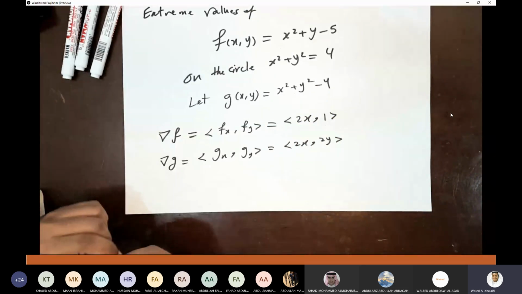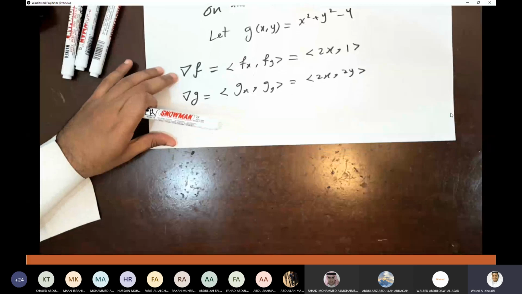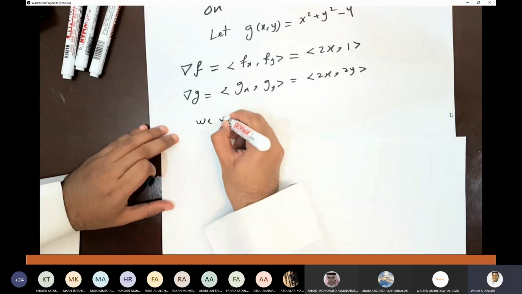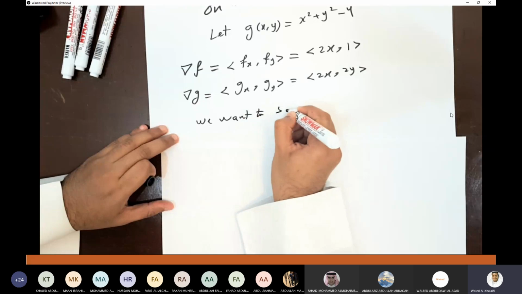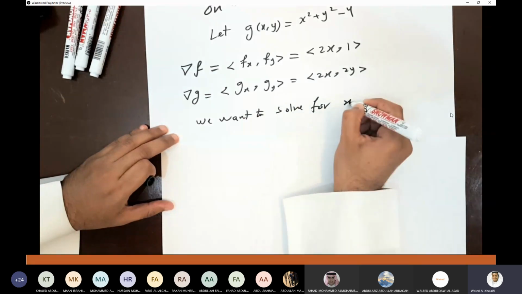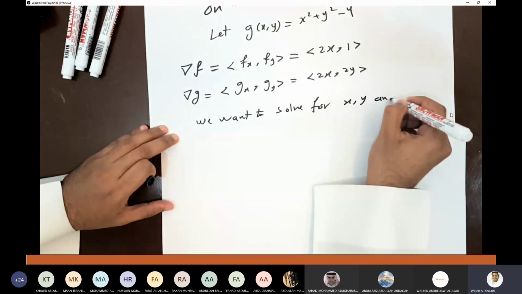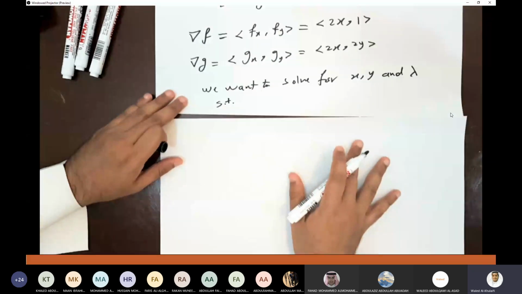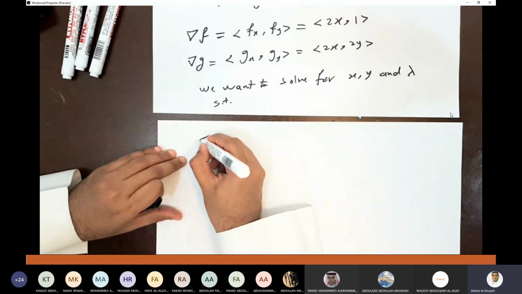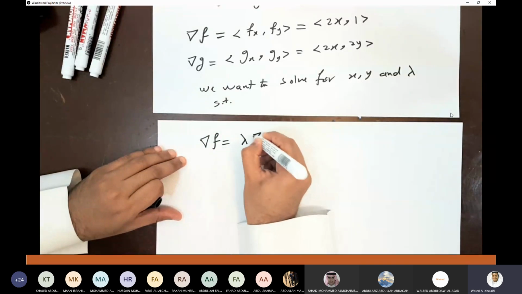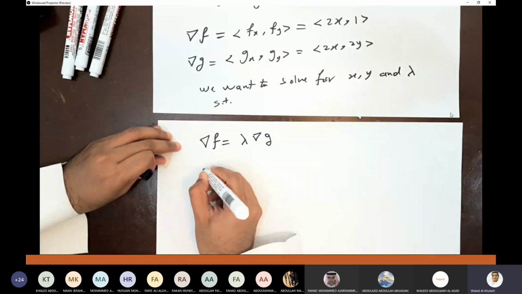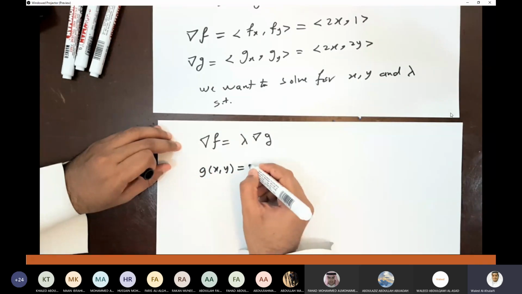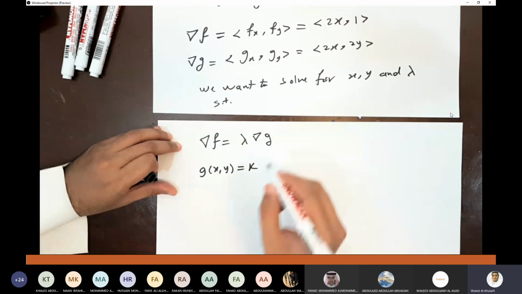Now we want to solve for x, y, and lambda. We have 3 unknowns such that gradient of f equals lambda gradient of g, and g of x, y equals k, or 0, or whatever you want to say.